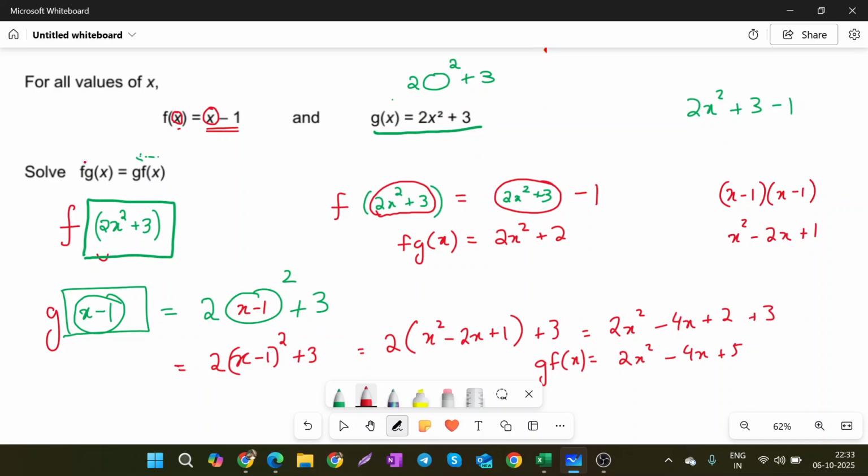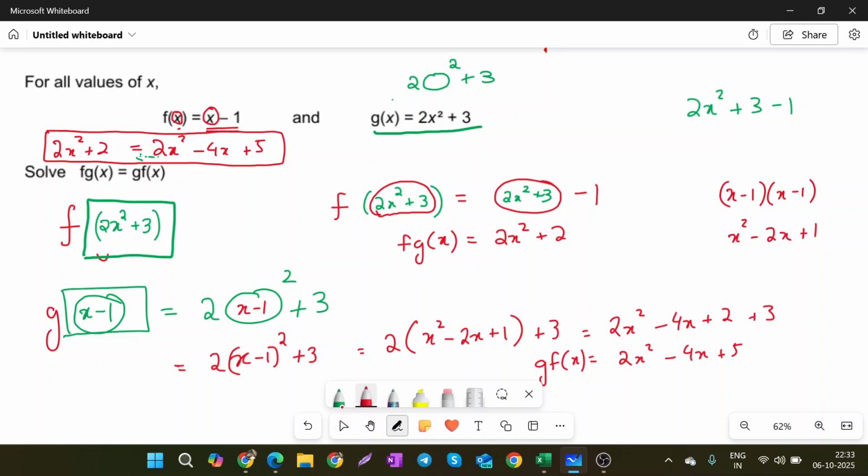So we've got two expressions, and then we need to solve. Okay, so fg of x is 2x squared plus 2. We're setting this equal to gf of x, which is 2x squared minus 4x plus 5. So you've got a nice little equation here.